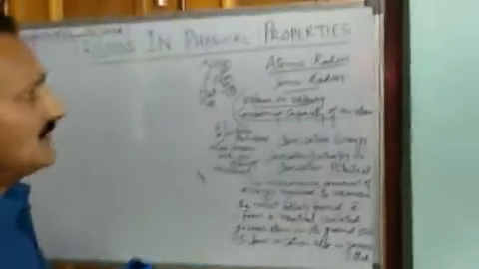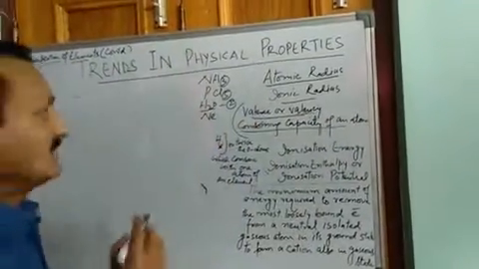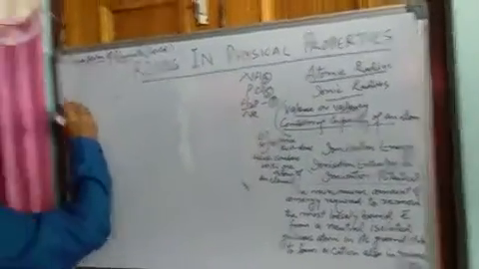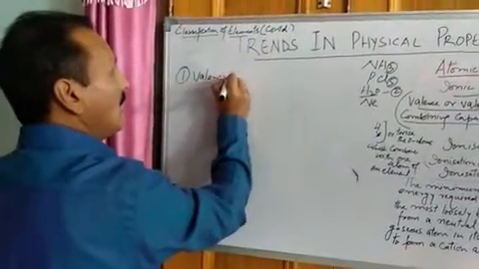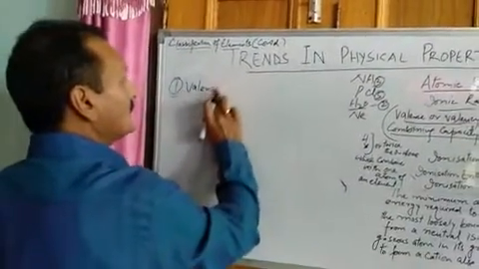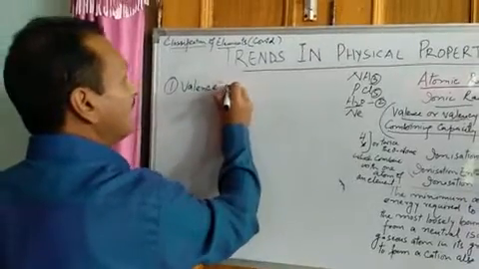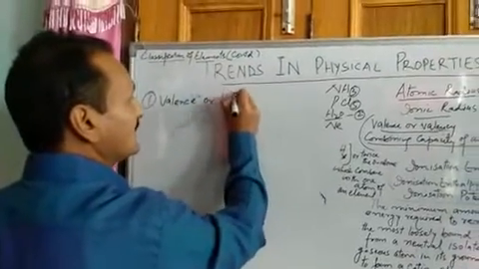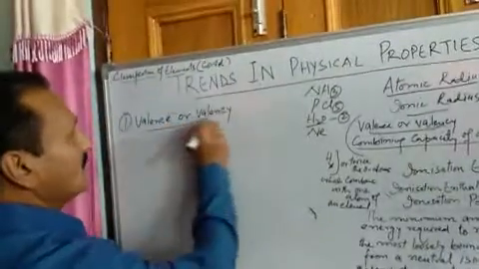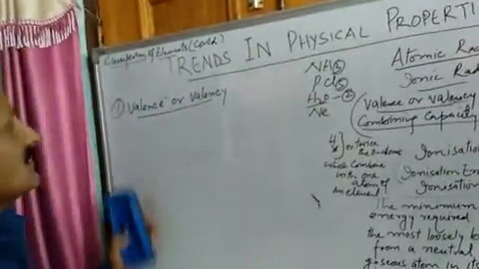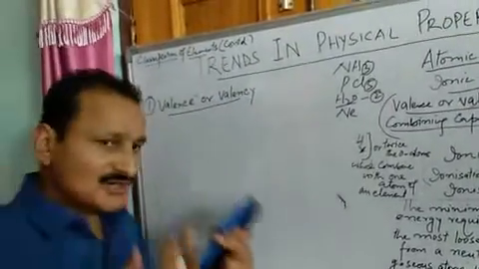Another property is valence, or simply valency. Valence or valency is another physical property. Now what is valency in broader terms?